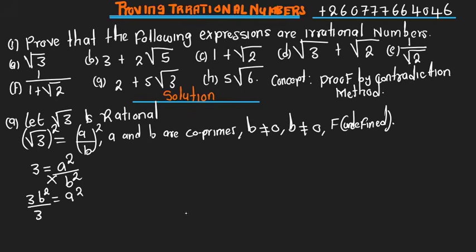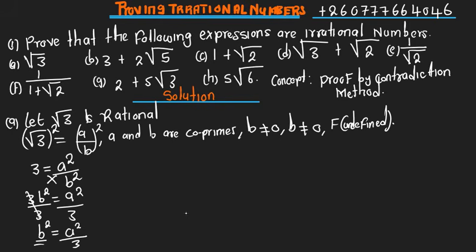Then we divide by 3. Then b power 2 is going to equal a power 2 over 3. Now notice that whenever we are dividing 3 into a to the power 2, we are getting b power 2.